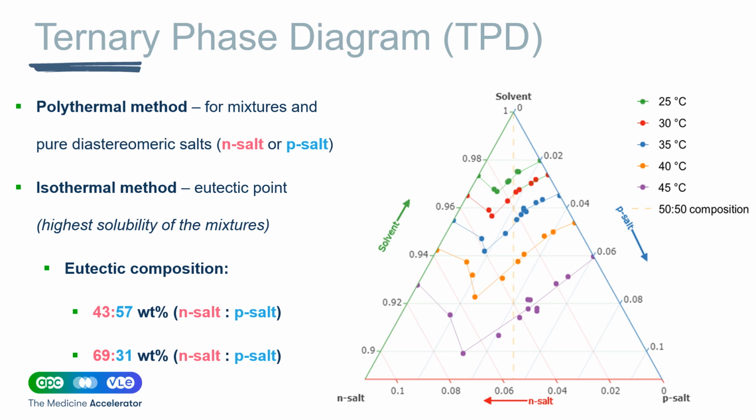In contrast, the polythermal solubility studies revealed that the composition with 31 weight% P salt exhibited the highest solubility. Isothermal crystallization experiments were performed based on these results and consistently gave a low purity of P salt, which was less than 55 weight% P salt.